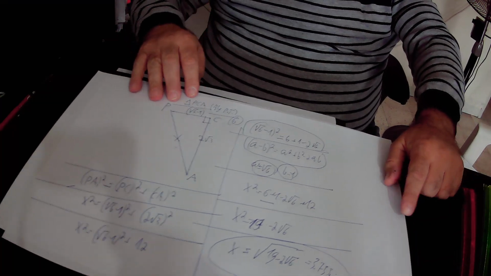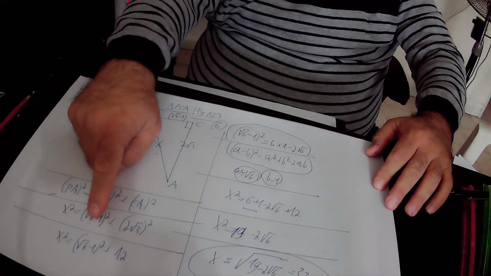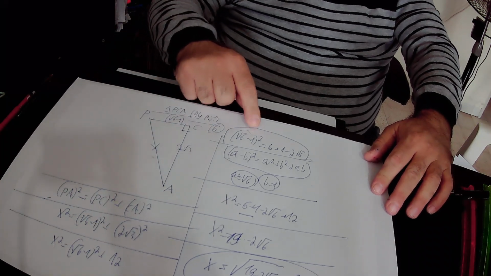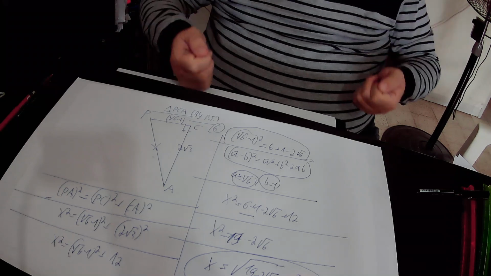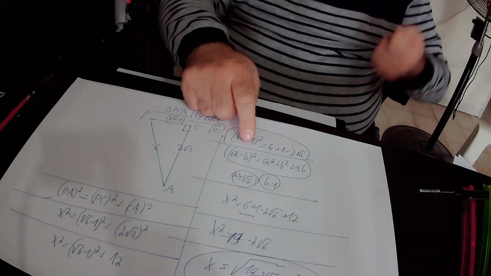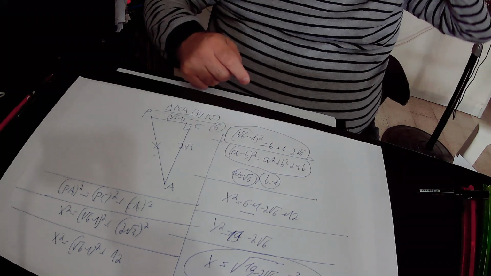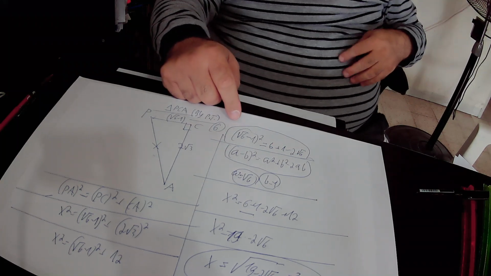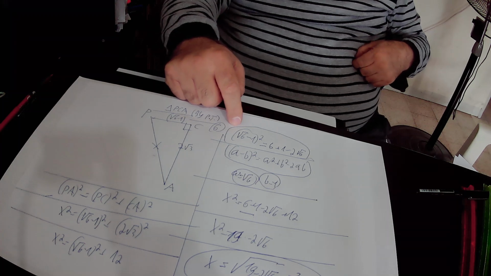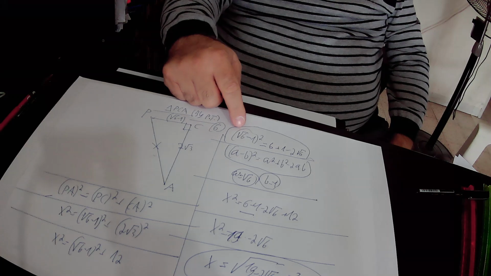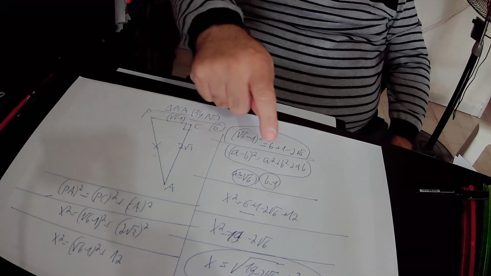In order to find the value of the expression square root of 6 minus 1 square, we use the algebraic identity that states A minus B square equals A square plus B square minus 2 times AB. In our expression, A equals the square root of 6, B equals 1.